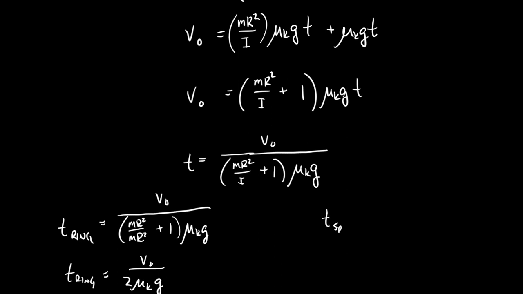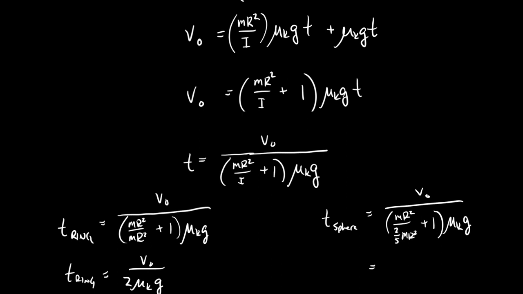T for the sphere, might as well, we're right here, right? V naught over mr squared divided by 2/5 mr squared plus 1 times mu k g. That's 5 halves. 5 halves plus 1 is 7 halves.